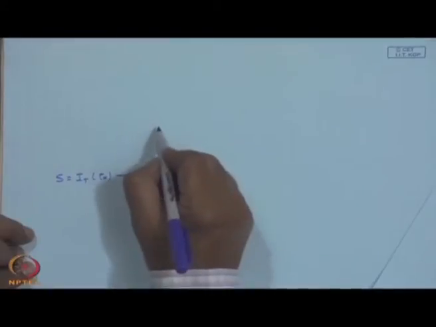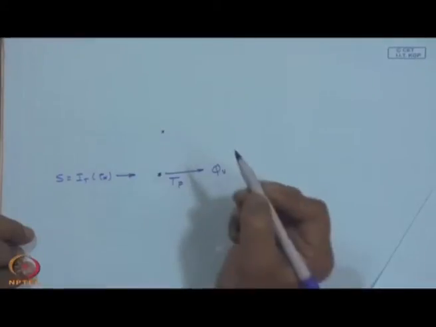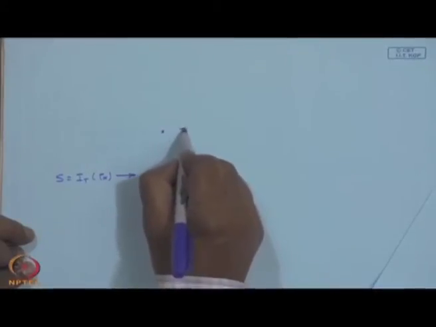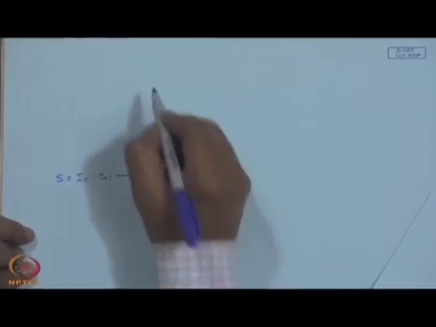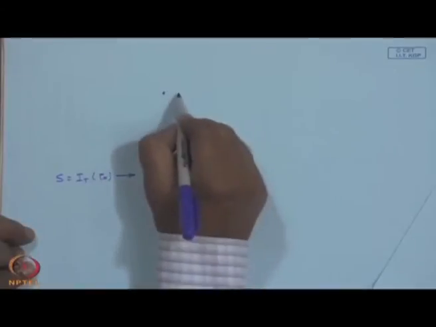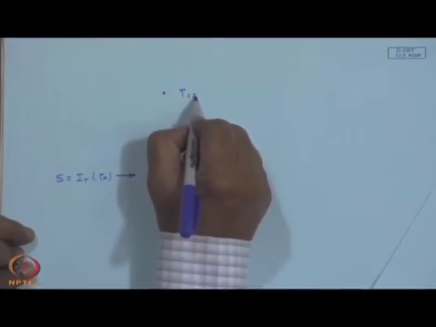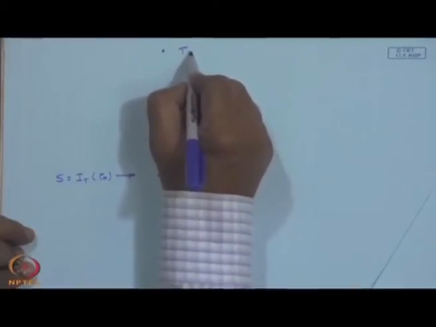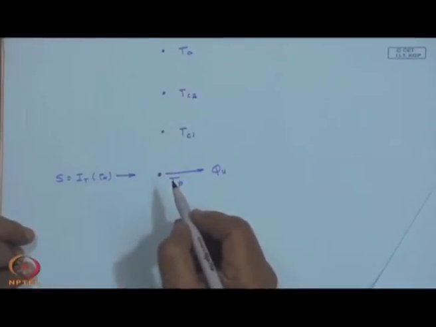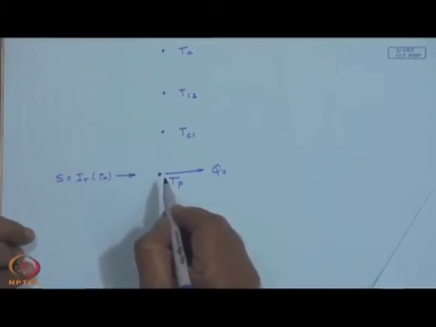Now, let us say the first glass cover, for 2 glass covers, is at a temperature of T C 1, the second glass cover is at a temperature of T C 2, and then there is the ambient to which heat loss takes place.